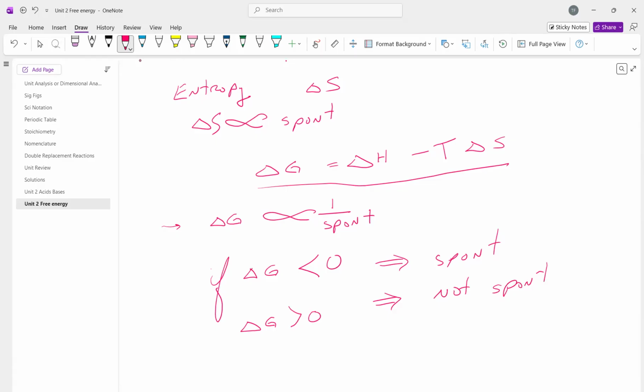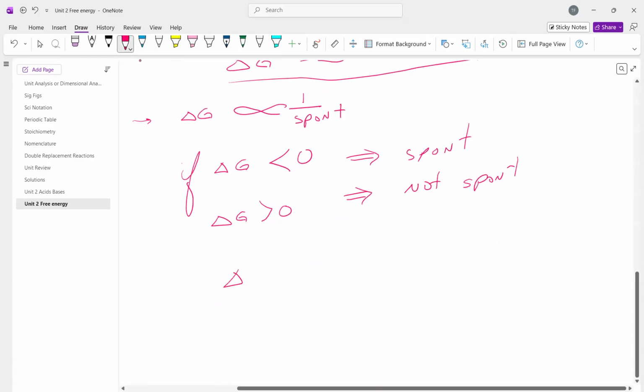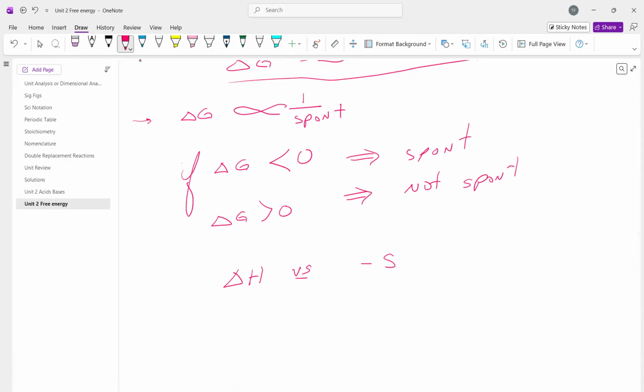So we've got two operations going on here. We've got enthalpy versus temperature times entropy. Which one is greater, basically? This is why increasing the temperature makes delta G more negative.